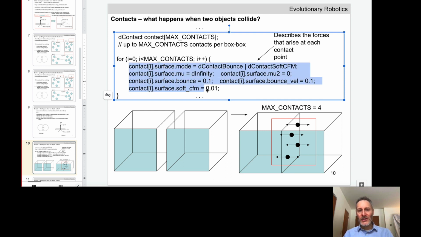In ODE, for each one of these points, you could define different parameters, which would define how forces are applied at those points to push the objects apart.